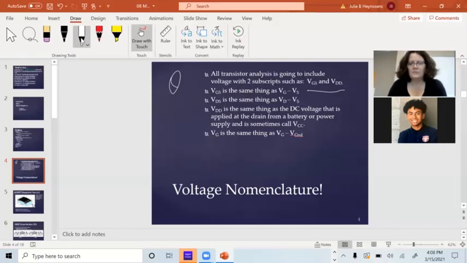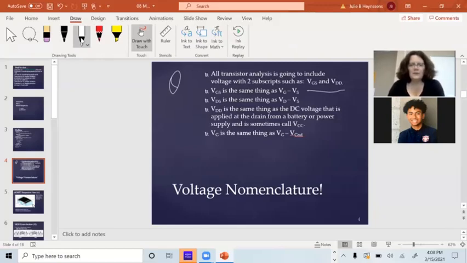It's VG minus VS. When I talk about VDS, big V, big D, big S, I'll get to that in 380. This is the same thing as the voltage at D with respect to ground minus the voltage at S with respect to ground.